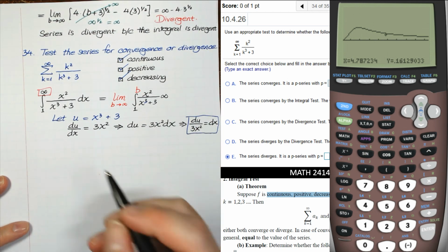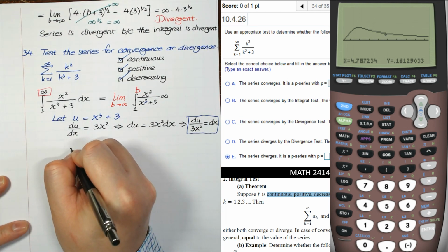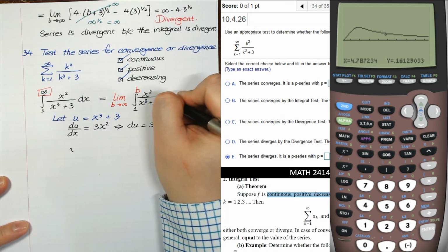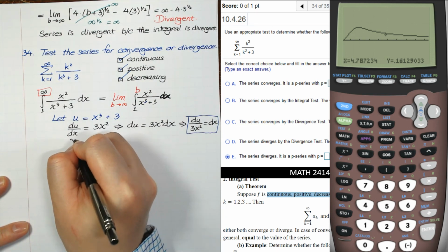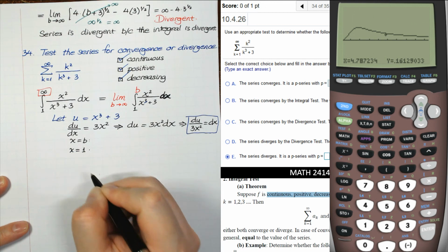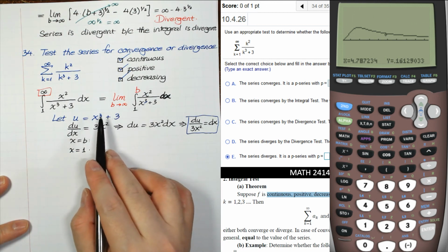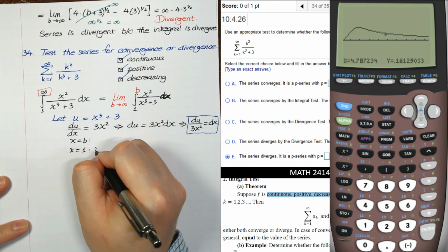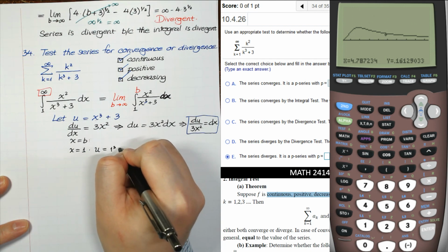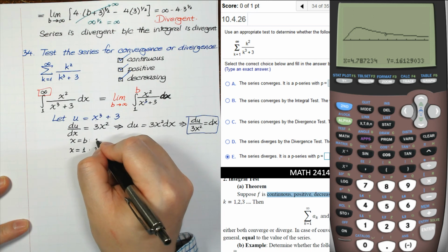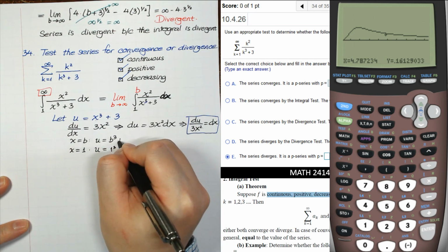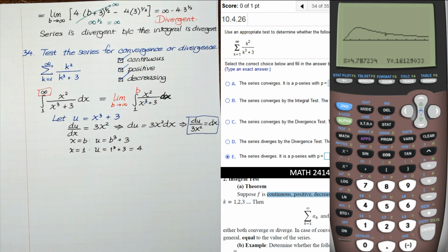Now the limits. x goes from 1 to b. Put 1 in for x: 1 cubed plus 3 is 4. Put b in for x. So we go from 4 to b cubed plus 3.